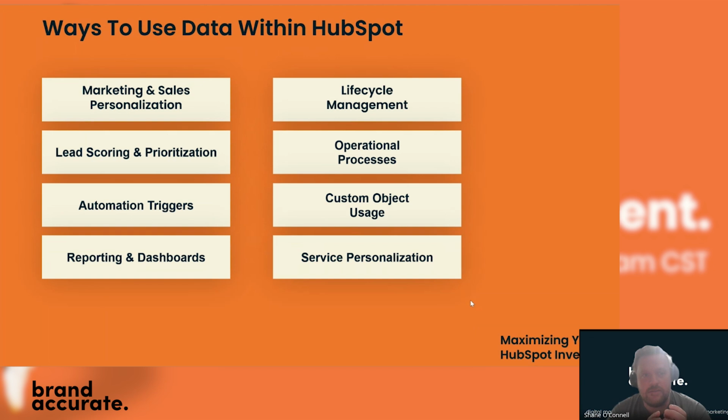These are not the only ways that you could leverage the data inside of HubSpot, but these are kind of the main key areas within HubSpot that I would say organizations spend most of their time on. So when you think about the objects and the data that's in there, these are the things that you're going to be able to capitalize on and do more with.